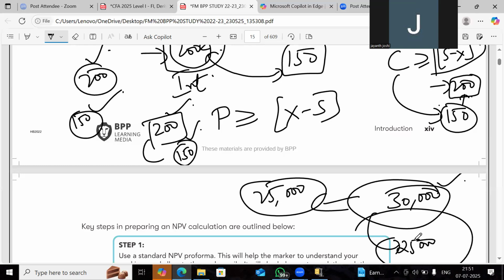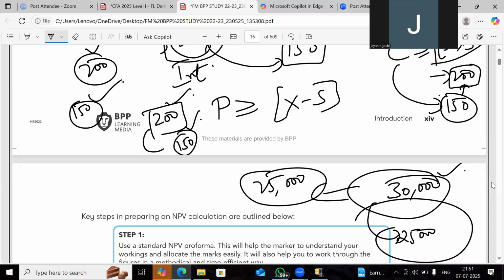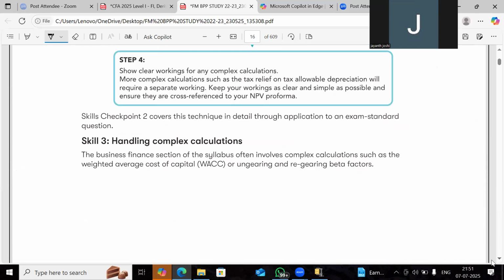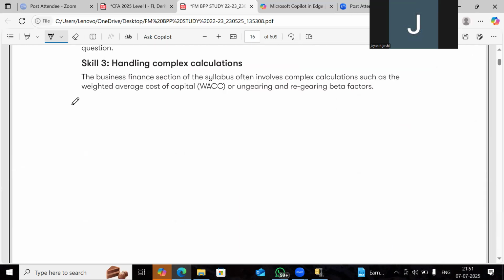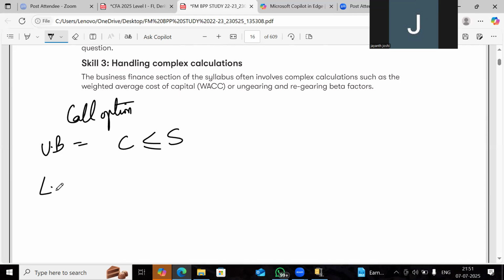So we have understood the final, last repetition of these lower and upper bounds, and then we'll go for properties of options. Call option upper bound: call option value should always be less than or equal to the asset value. Lower bound: call option should always be more than or equal to the value it created, but not less than that.